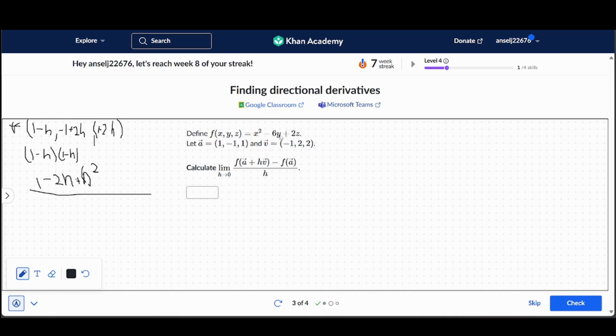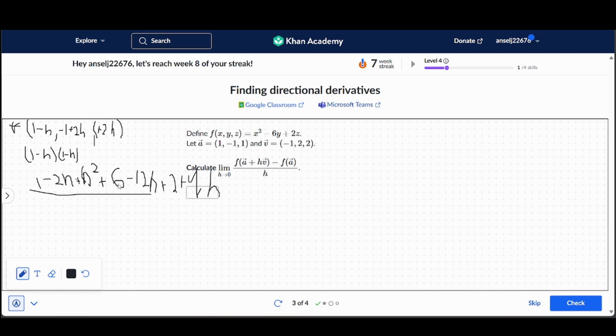Second one, it's minus 6y, so it'd be just the negative 6 times this, which would be plus 6 and then minus 12H. Yes. Plus 2 plus 4H.